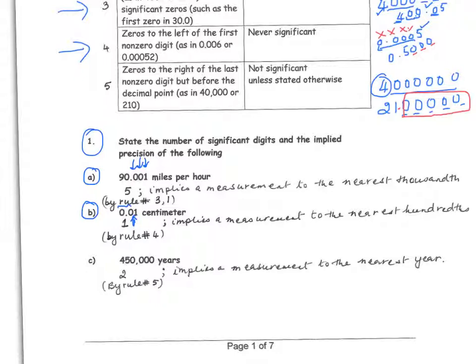So we can see 3 digits here, but the first two are not significant. The only significant digit is 1, so the count is 1. This implies a measurement to the nearest hundredth. The first digit is tenths, the second digit is hundredths.